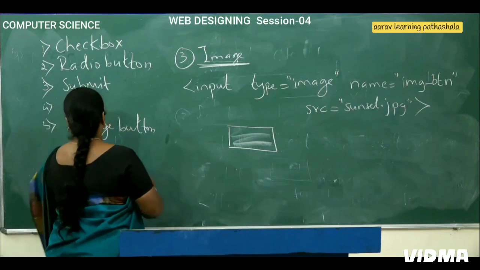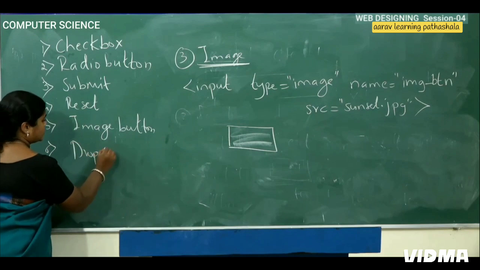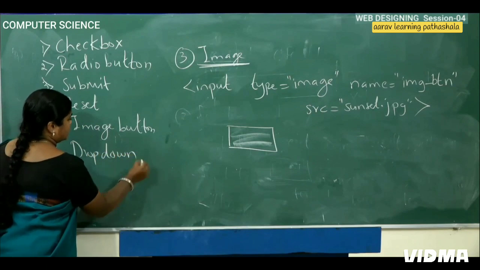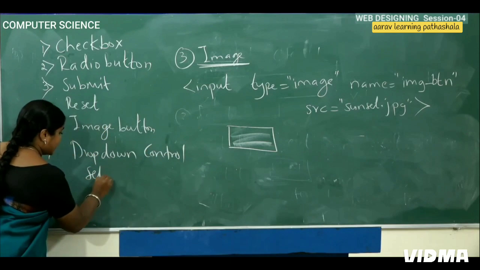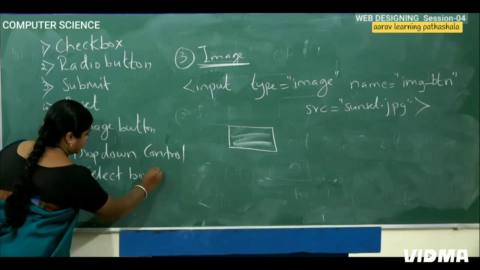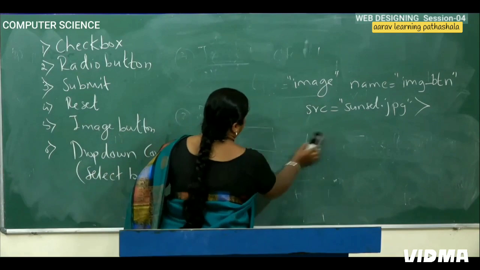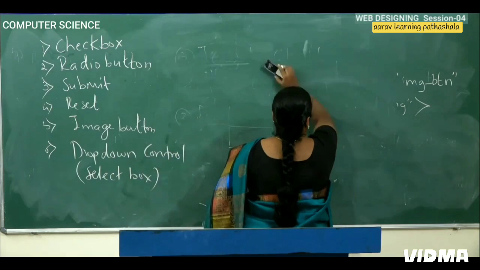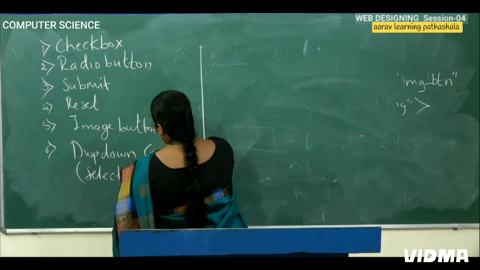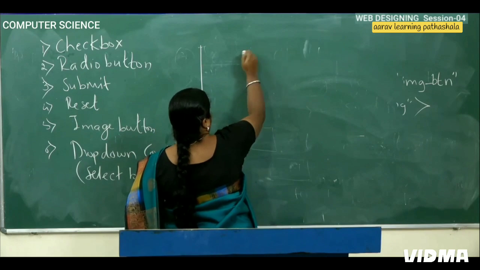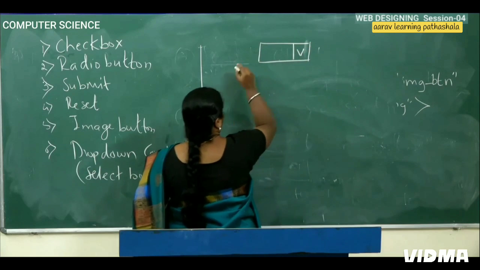There is one more control, the drop down control. It is also called a select box. Let's see how it works. You have already used this control in so many applications such as MS Word. This particular control will look like something like this, with the text field, and there will be a drop down here.